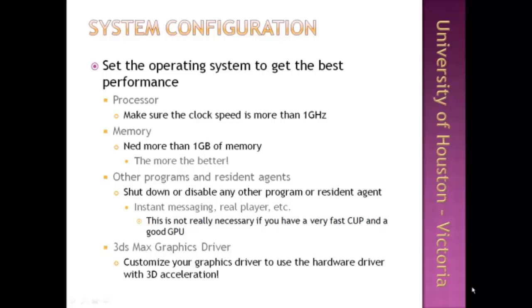You need to have at least 1 gigabyte of RAM, or random access memory, in your computer. If you have more, it's better, because it takes some of the burden of memory off your main memory and runs more effectively.